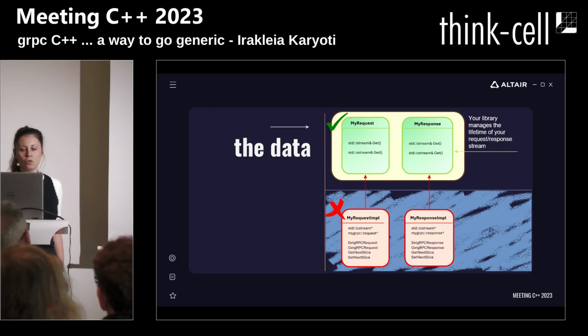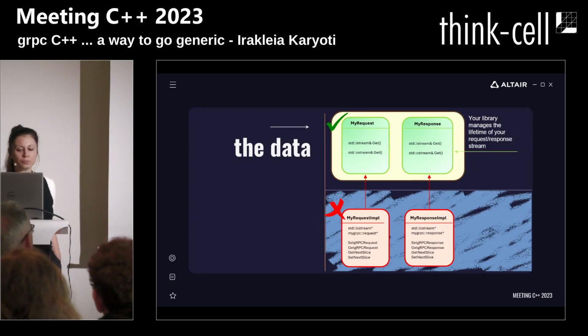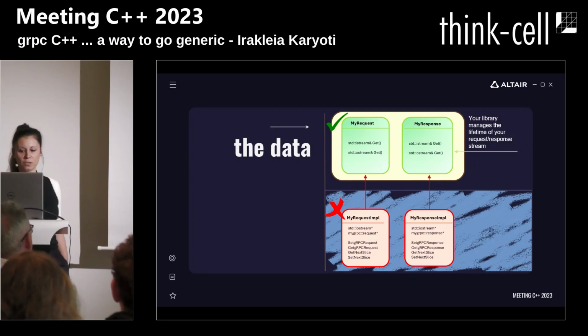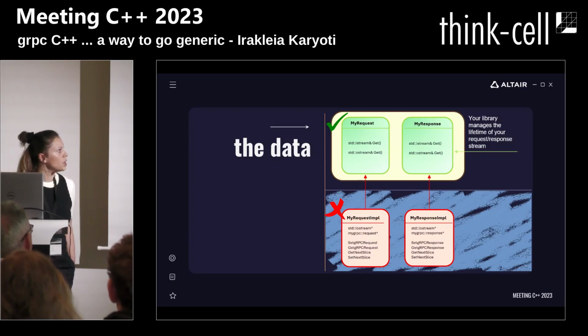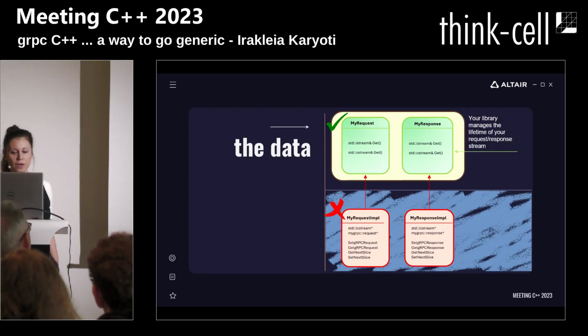The client and the server only acquire this stream to make read and write operations. And behind the scenes, the internal implementation of my request and my response, as you see, also contains a mygrpc request as defined in the generic.proto file, setters and getters, and the possibility to slice the data, so getting the next slice once the message comes along.